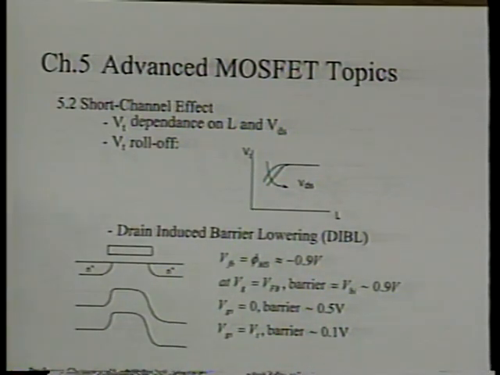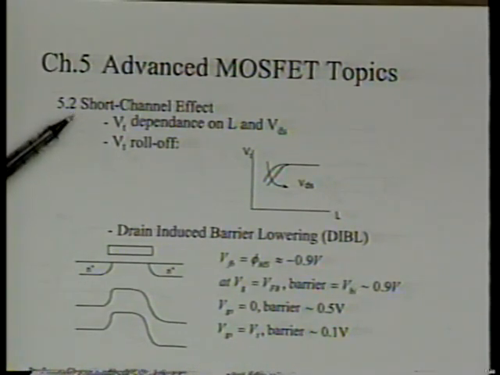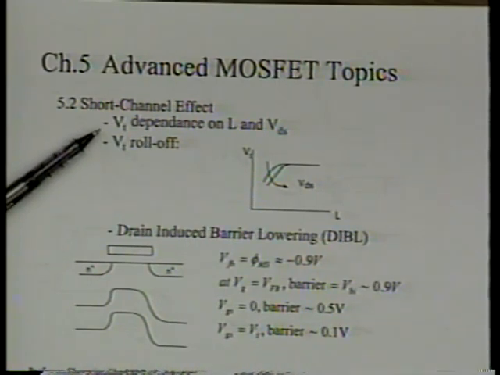Later, we're going to talk about more accurate models of the transistor IV. All right. But the first topic we'll be talking about is called short channel effect. And speaking about short channel effect, that term also can mean many different things for different people. To begin with, let's just concentrate on this one narrow meaning of short channel effect.